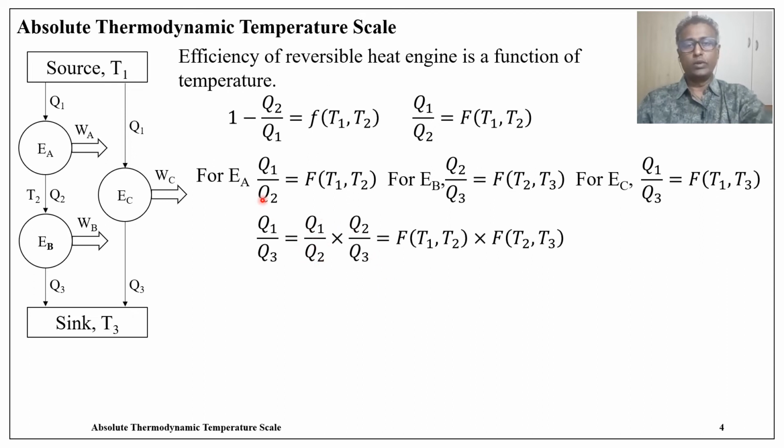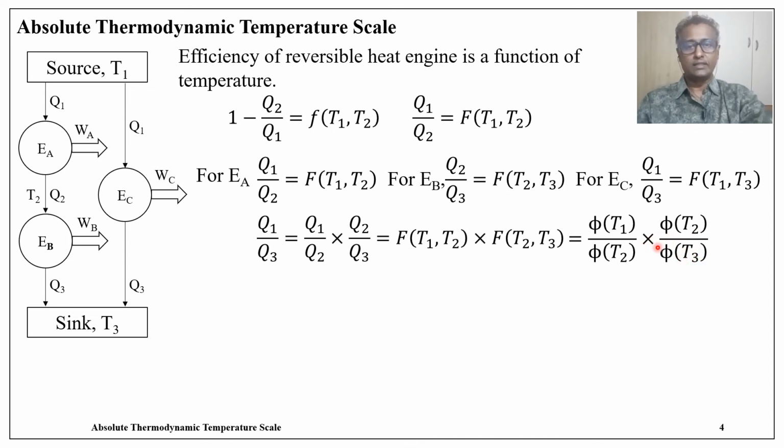What is this Q1 by Q2? For engine A, Q1 by Q2 is a function of T1 and T2. And Q2 by Q3 for engine B is a function of T2 and T3. And Q1 by Q3 equal to Q1 by Q2 multiplied by Q2 by Q3 is possible only if these two functions take the form phi of T1 divided by phi of T2 multiplied by phi of T2 divided by phi of T3.